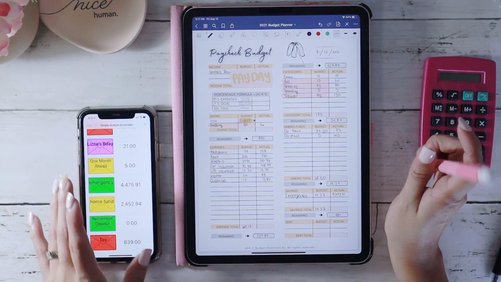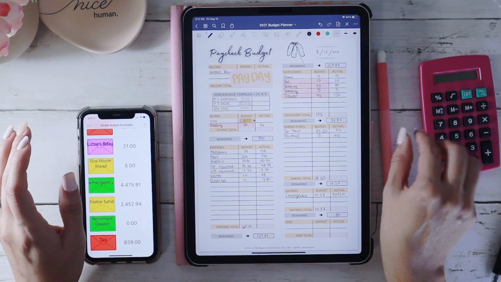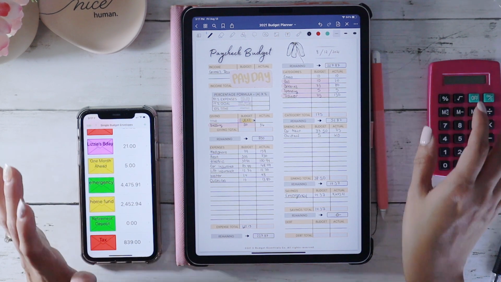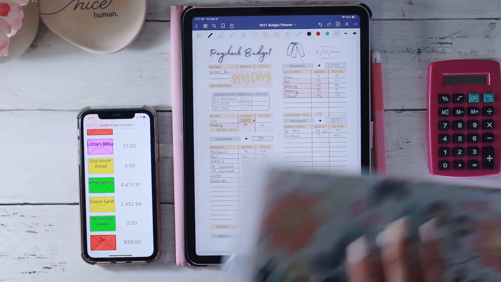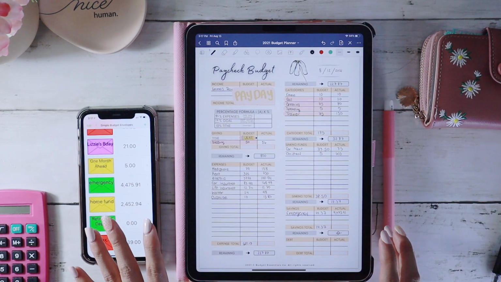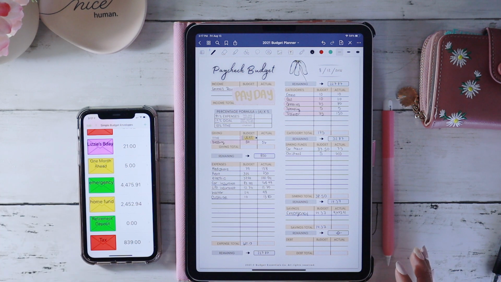So we still are not where we want to be, but we're better than what we were before, and that is the important thing. That is everything for my budget breakdown for paycheck number 2.